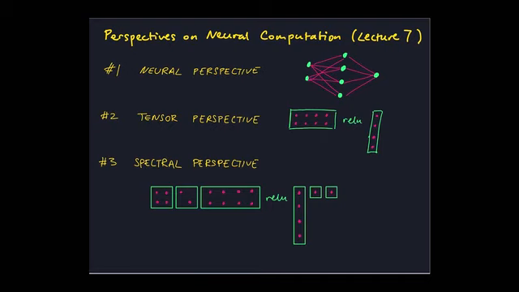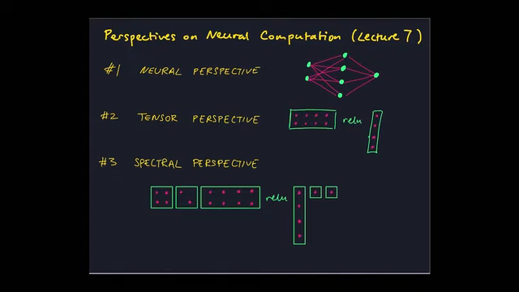I also wanted to remind you that in one of the even earlier lectures, we were thinking about different perspectives on what's happening inside a neural network. There was the idea of a neural perspective, thinking about tensors, and then thinking about spectral properties of tensors.